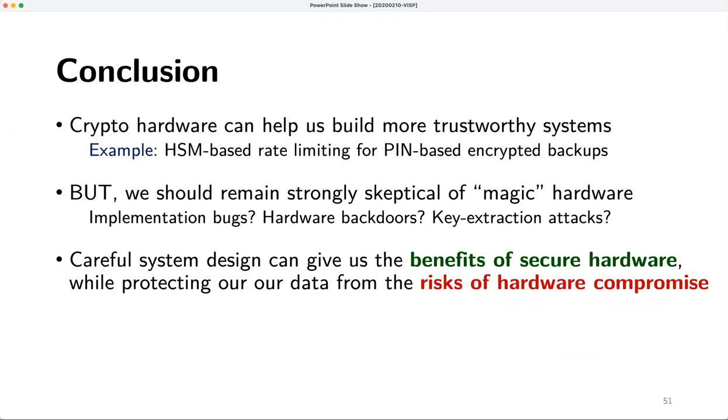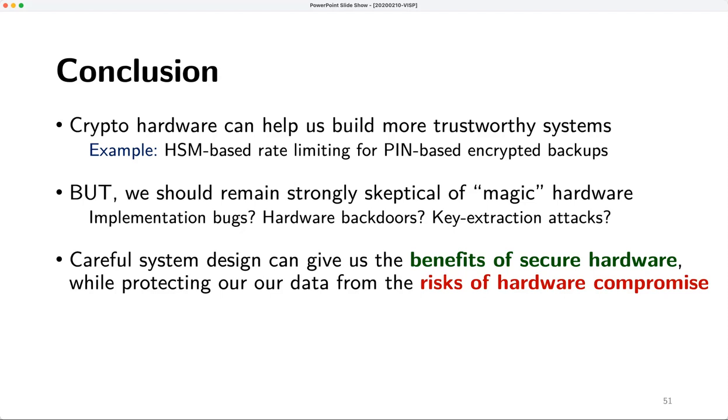But at the same time, I am super skeptical of this kind of black box crypto hardware. It has implementation bugs. Who knows whether there are hardware backdoors in these systems? And as we've seen, it's not that hard, with enough work and enough skill, to extract the keys from these devices.